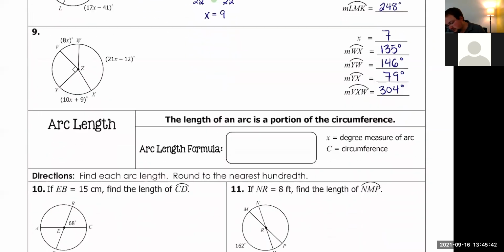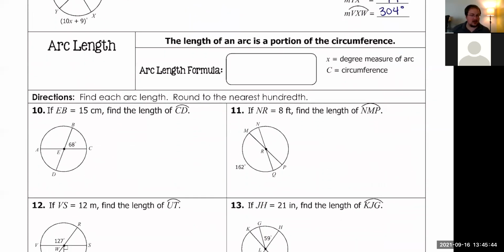All right. Our last section here has to do with arc length. We did write this formula down earlier on.